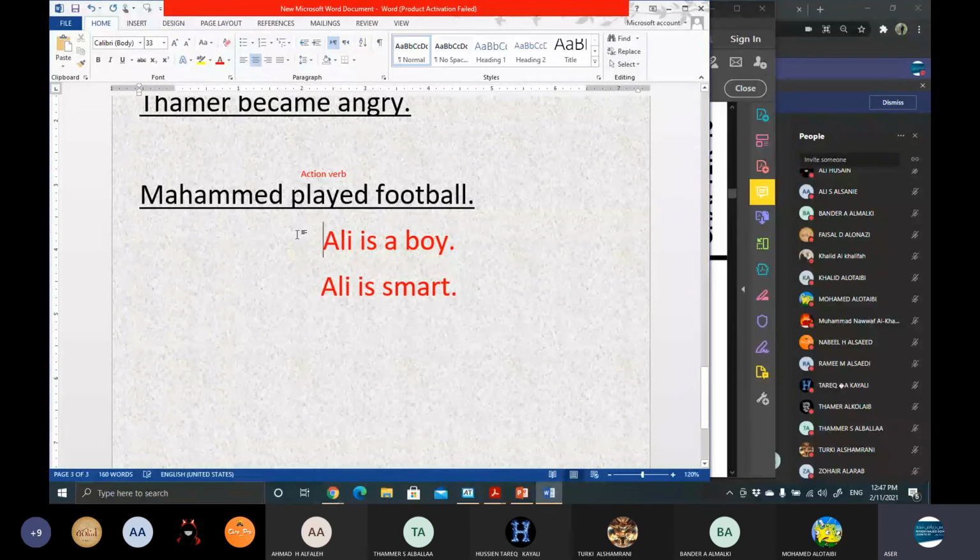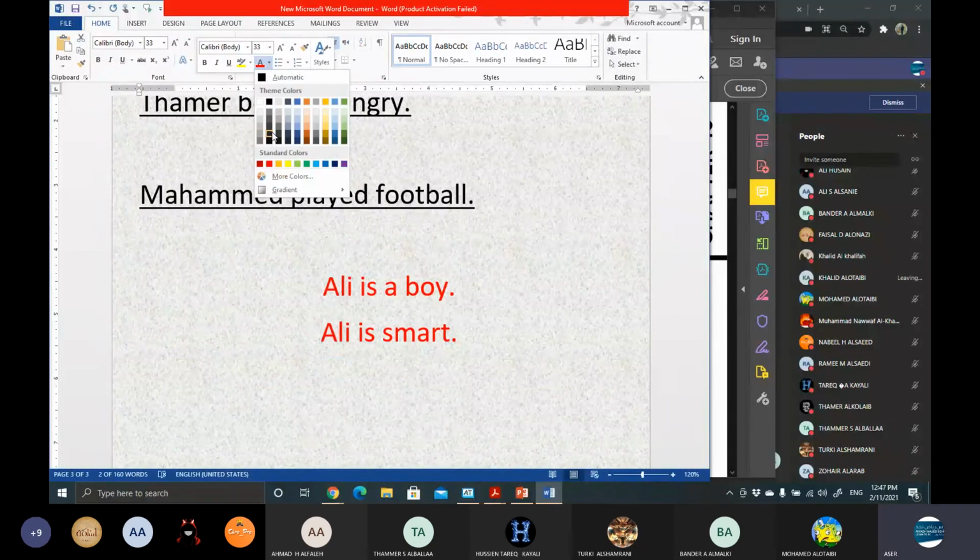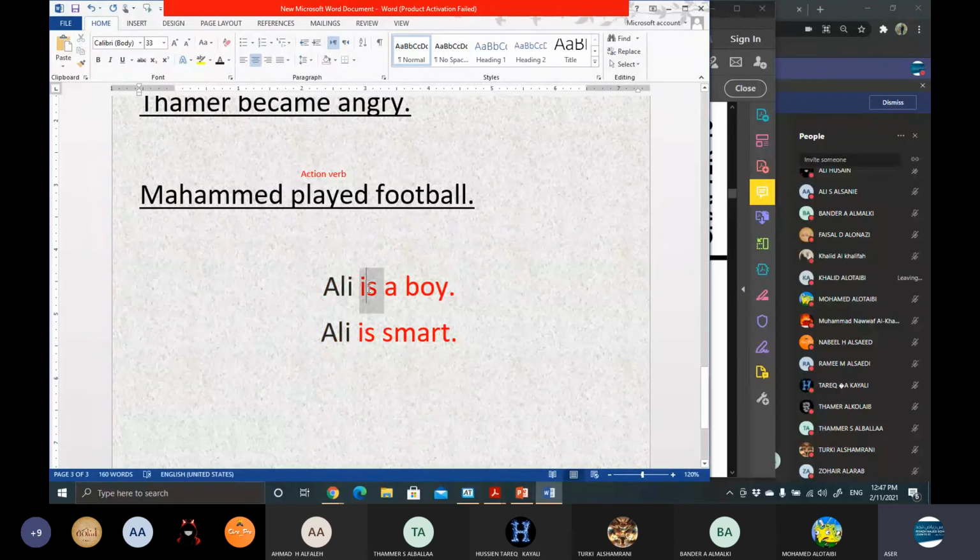So in this case, we have the same subject, Ali. We have the same linking verb, is, and after is, I have one time a noun and another time I have what? An adjective, smart.